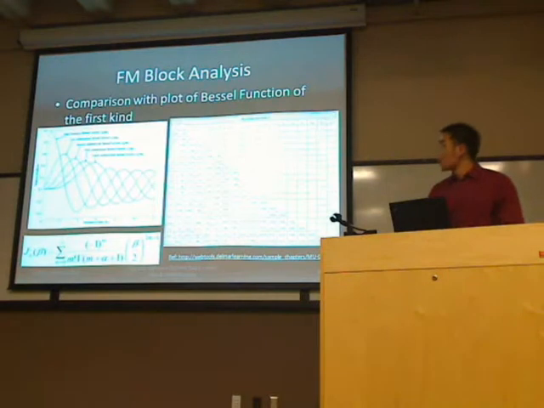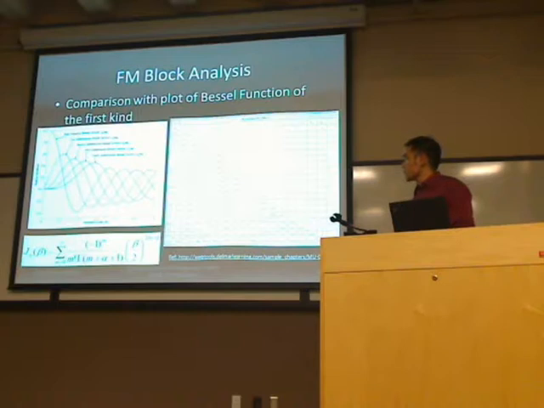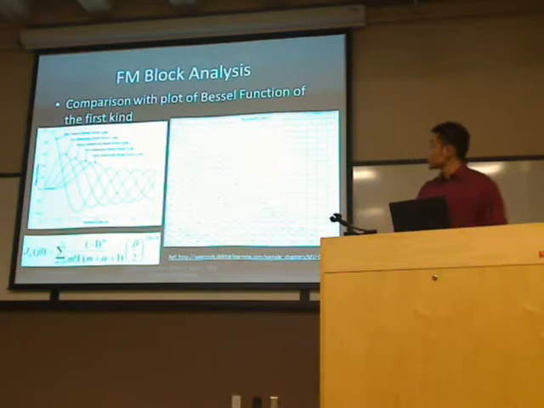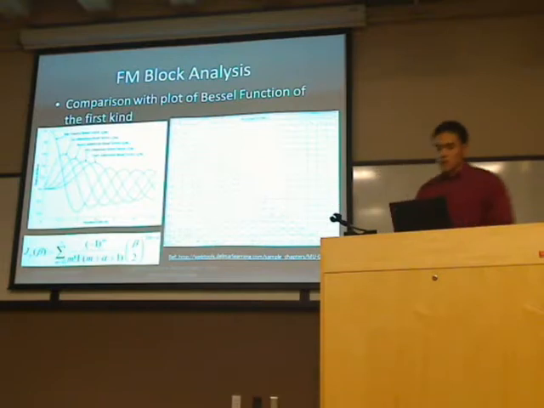We wanted to characterize the frequency modulation, so we compared it to the Bessel function. This is a table and plot of the Bessel function of the first kind, and that's the equation for it. Beta is the modulation index, and n is the Bessel function order. So you can see the different side lobes from the carrier frequency to the first, second, third.